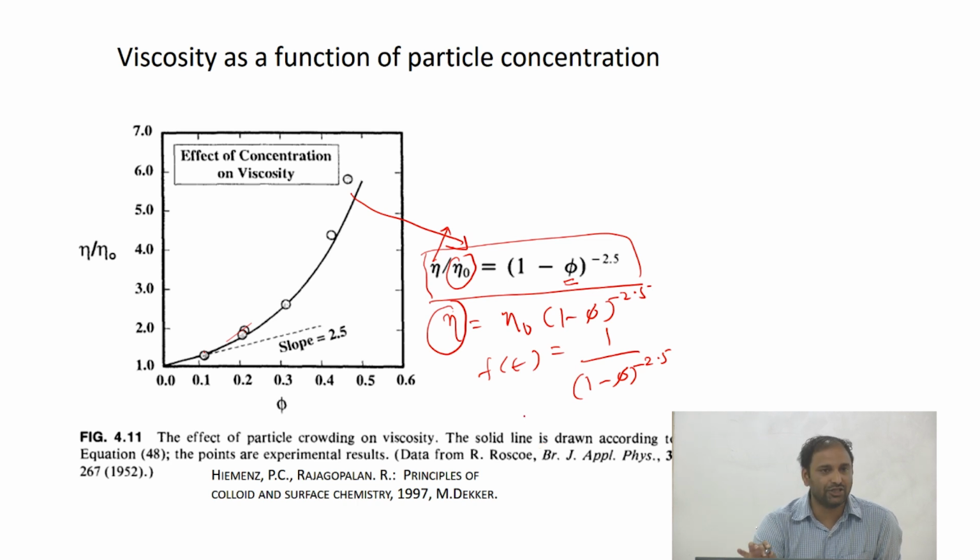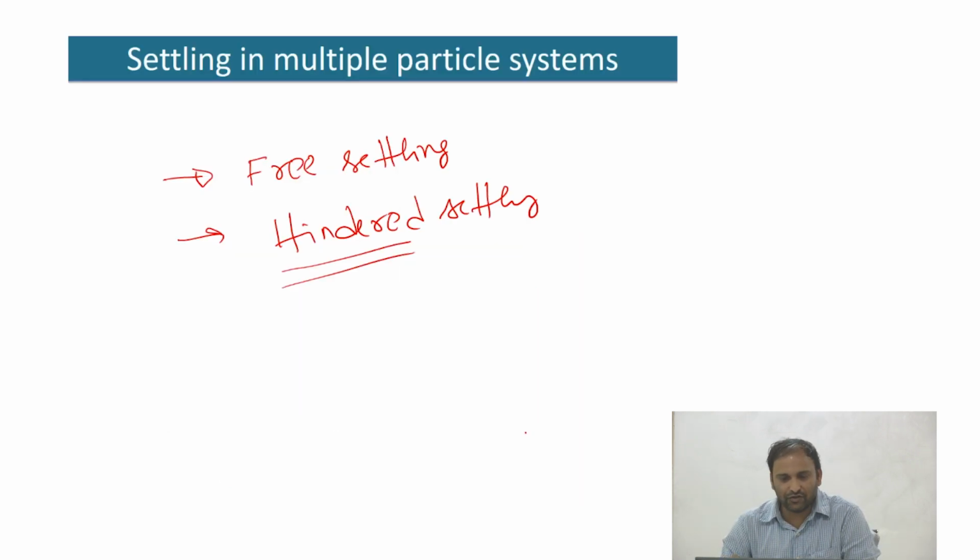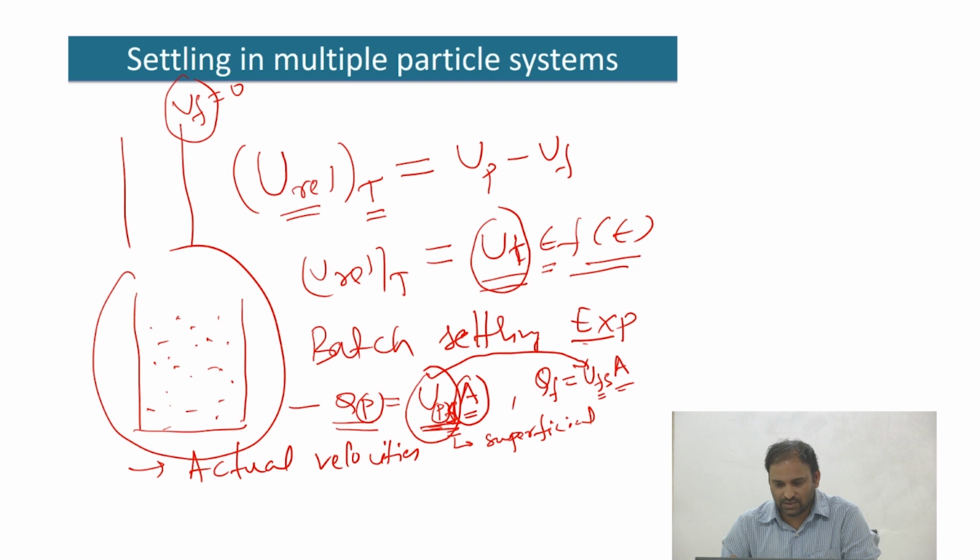So these relations, which correlate the viscosity of the particle filled system to the viscosity of the neat system and the volume fraction, give you a way of getting the f function, which is what I need to go back and complete my derivation of the settling velocities.